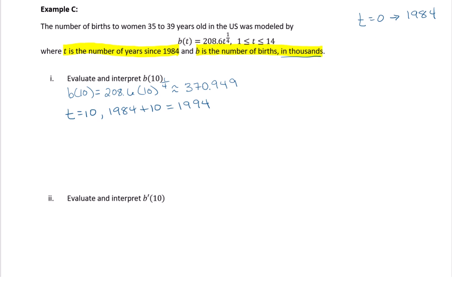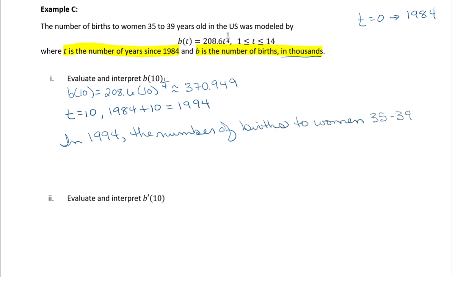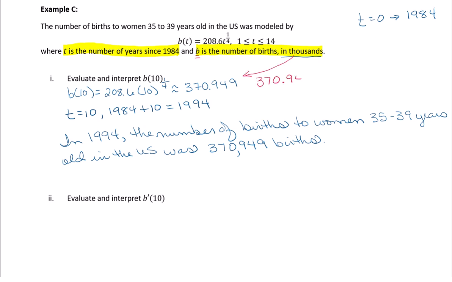To interpret this, we would say, in 1994, the number of births to women 35 to 39 years old in the U.S. was 370,949 births. Remember, the "in thousands" for b means that we take the value for b and multiply it by 1,000 for our interpretation.